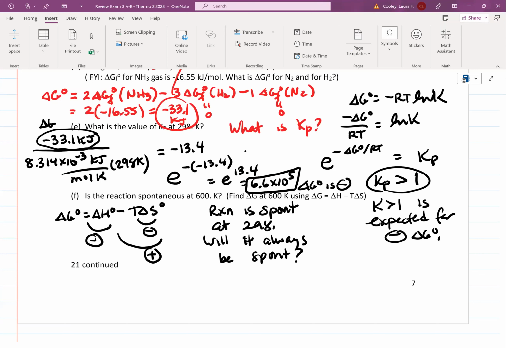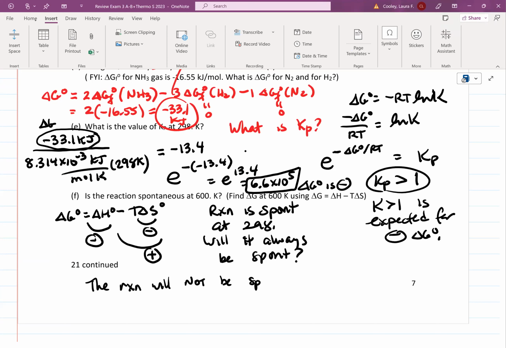It won't always be spontaneous. So when will it not be spontaneous? What would have to happen? At high temperature or low temperature?